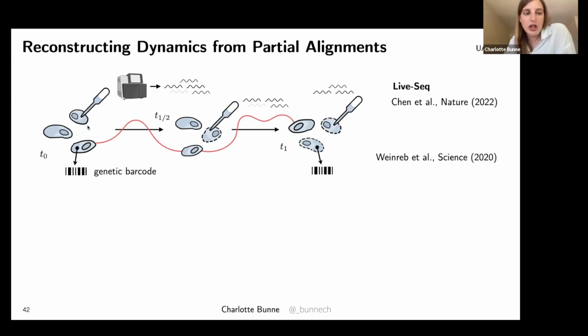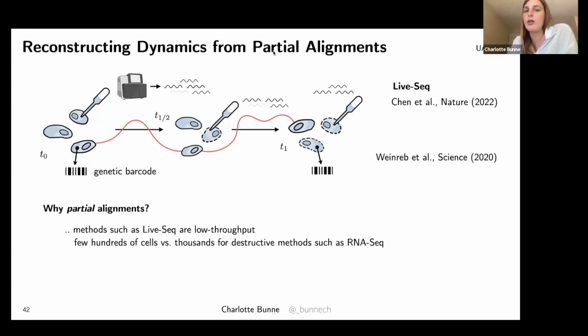But there are also strategies that tag each cell with a genetic barcode that can be read out. In particular, when a cell divides, the barcode is passed to the daughter cells. Meaning if I destroy the cell because I conduct a measurement, but I find the same barcode again at a later point in time, then I know clonally it's coming at least from the same cell. It's not the same cell, but at least it's a clonally similar cell.